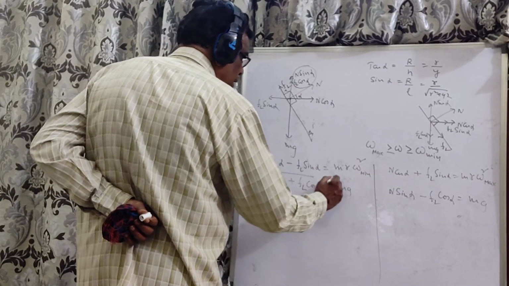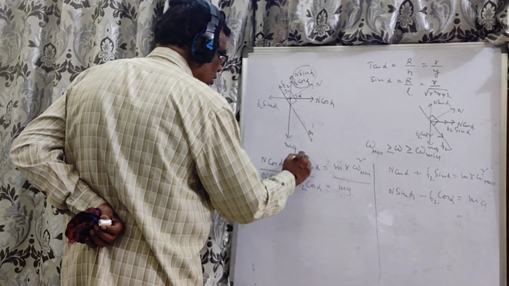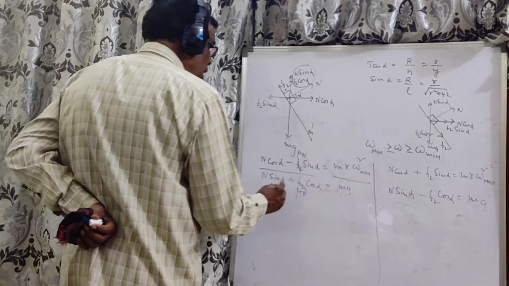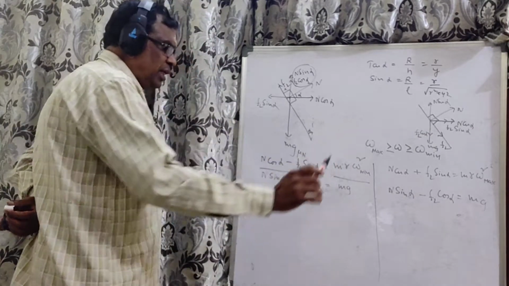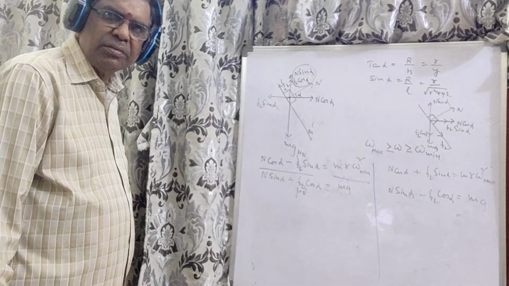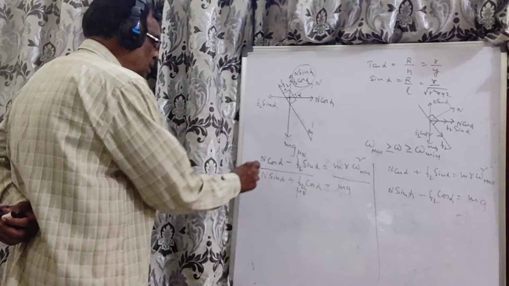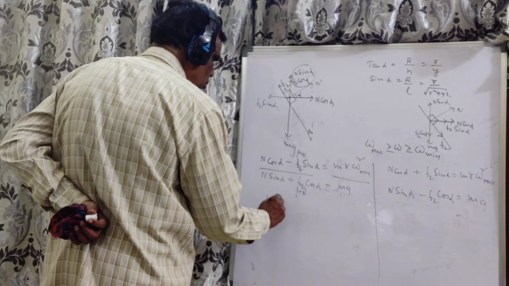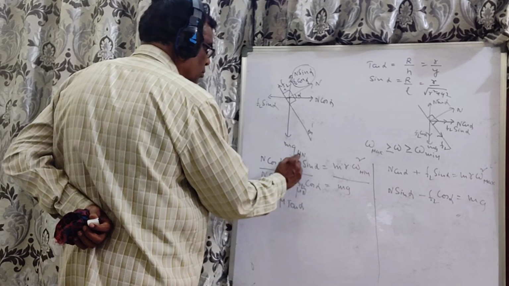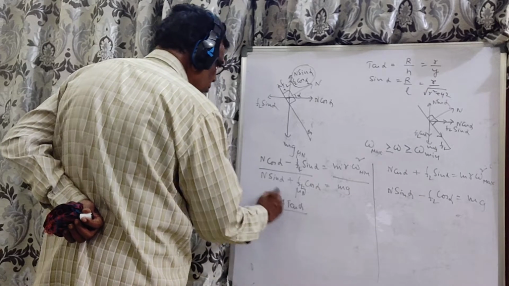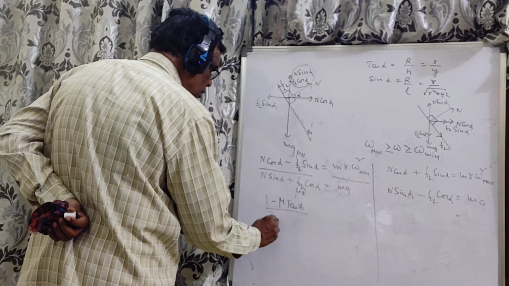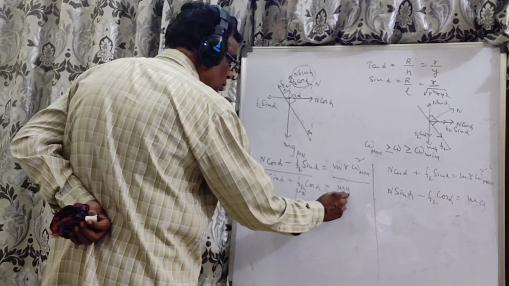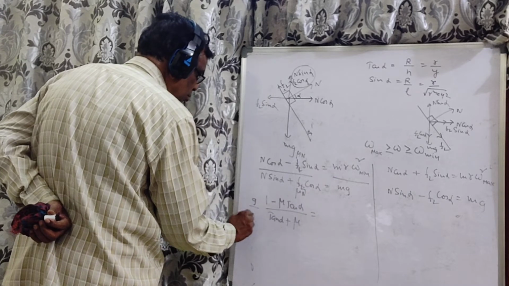Now, if I write FL as mu N, N is common, it gets cancelled. And I divide the numerator and denominator by cos alpha, so there is no change. So it becomes 1 minus mu tan alpha, mu N gets cancelled, tan alpha. Here, tan alpha plus mu, this is equal to g by R. I am bringing this.